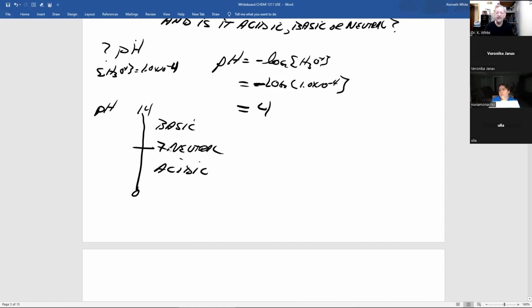And if you notice, the pH is less than 7. And because of that, it's acidic. So the answer here is this is acidic.